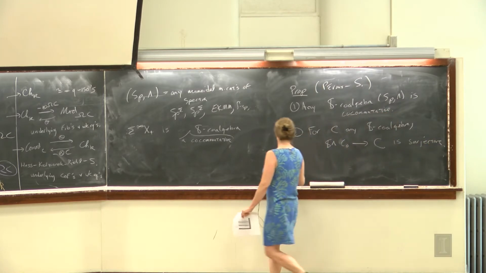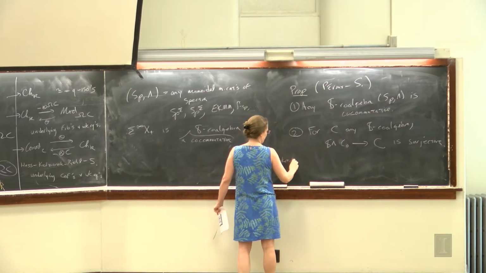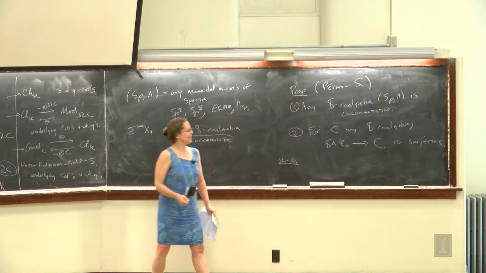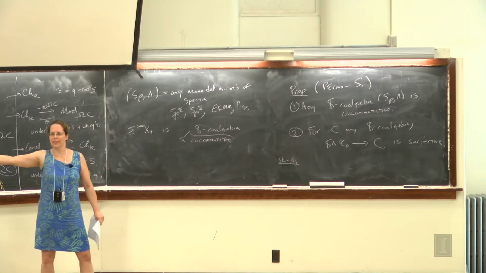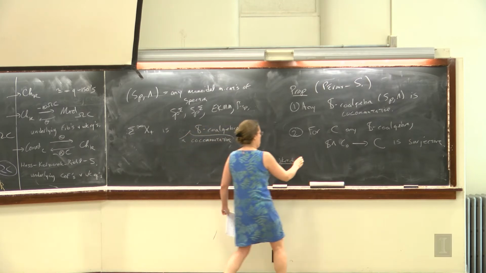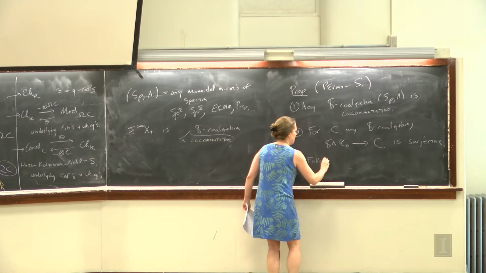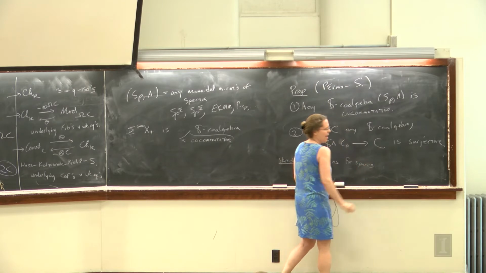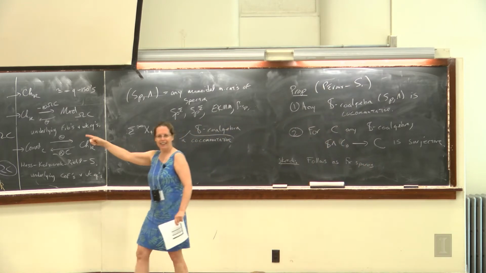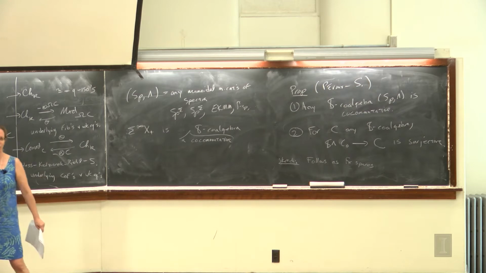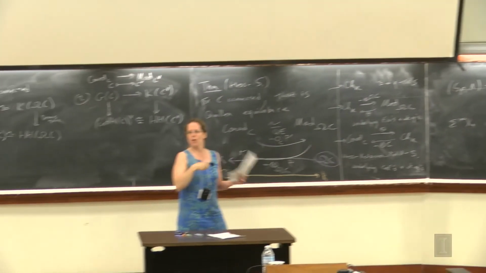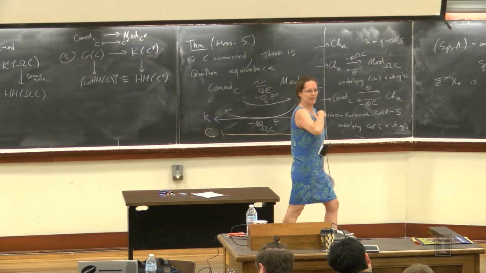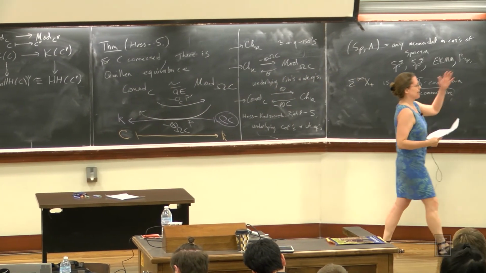So the sketch of the proof that I'll give is that it follows from the case of spaces. At the very beginning, I mentioned that for a space, if you look at the counital properties, that forces the comultiplication to be the diagonal. And that's basically what happens here.